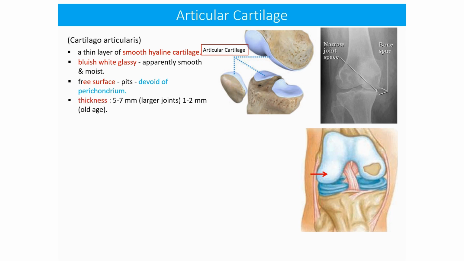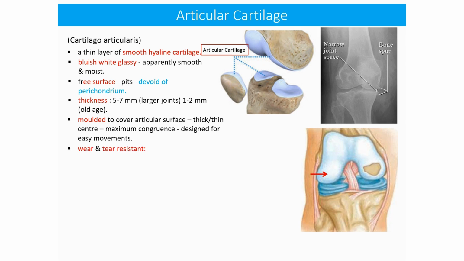The thickness of the articular cartilage varies from 5 to 7 millimeters in larger joints and between 1 to 2 millimeters in older age. The articular cartilage is molded to cover the articular surface. Hence, it may be thick or thin in the center to provide the maximum congruence designed for easy movements.